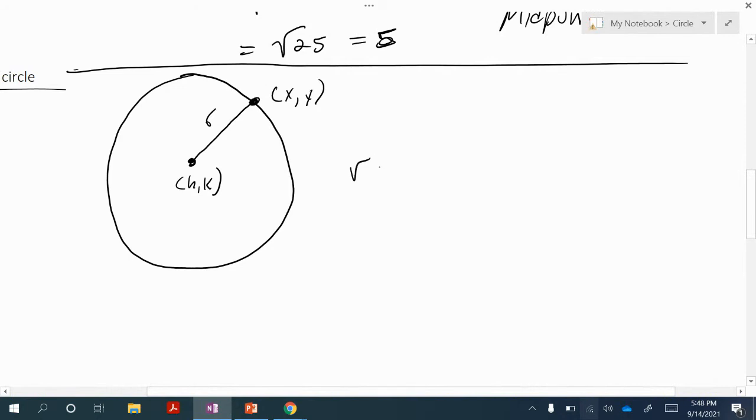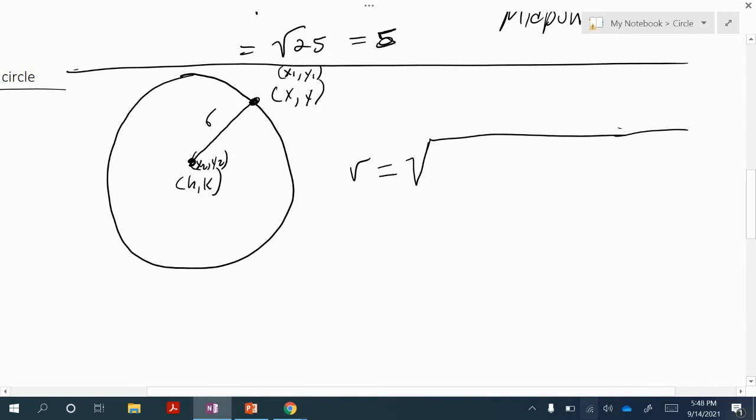So we're going to set this up as r is equal to the square root. We're using the distance formula, where the distance between these 2 points is our radius r. We're going to label x comma y as x sub 1 comma y sub 1, and h comma k as x sub 2 comma y sub 2.